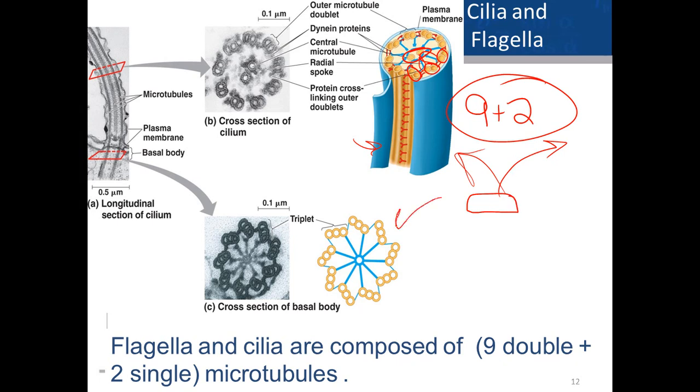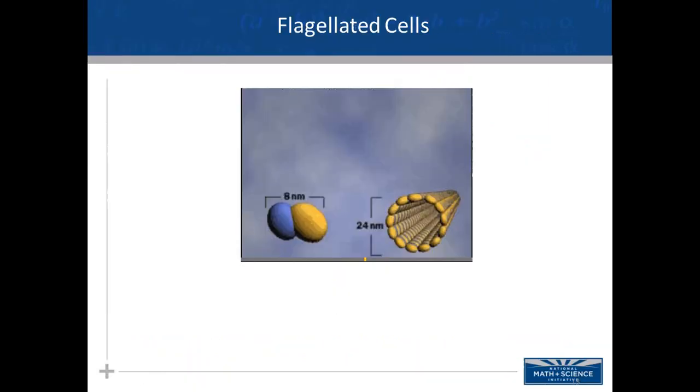Down below, this is a structure of a basal body, and it's made out of 9 triplet microtubules. And there are no microtubules in the center, but that is what the cilia and flagella are anchored to. If you were also to look at the structure of a centriole, the structure of a centriole is identical to that of a basal body.